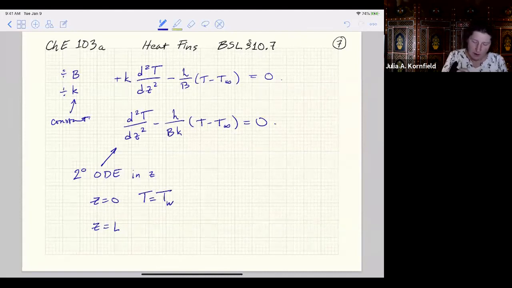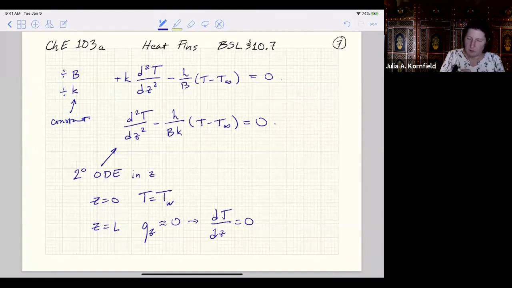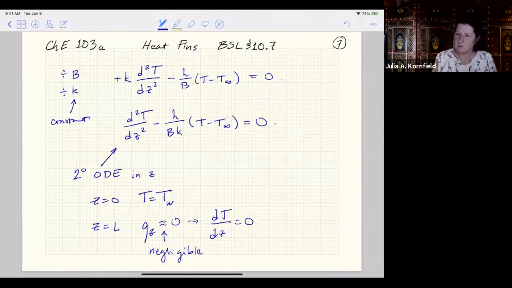So you have q_z is approximately 0 at the end. And so we have dT/dz is 0. So this approximate means negligible. Doesn't mean it's exactly 0, it just means a good approximation.